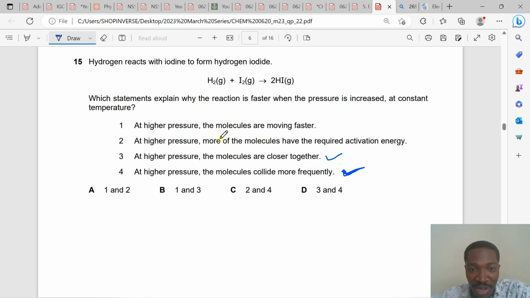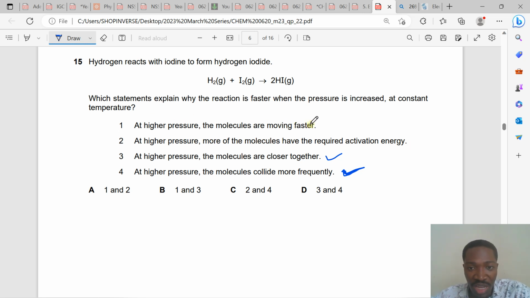This one: at high pressure, more of the molecules have the required activation energy. Well, pressure does not have any effect on activation energy. If you are talking about that, we can talk about increasing the temperature. When you apply heat to a substance, you are increasing the internal energy, so you are giving it more activation energy.